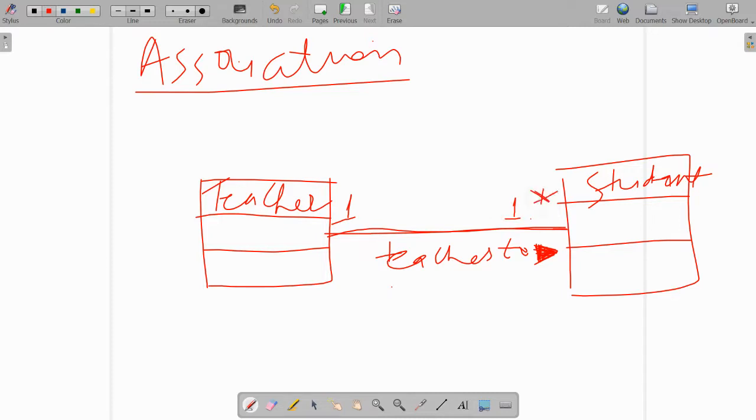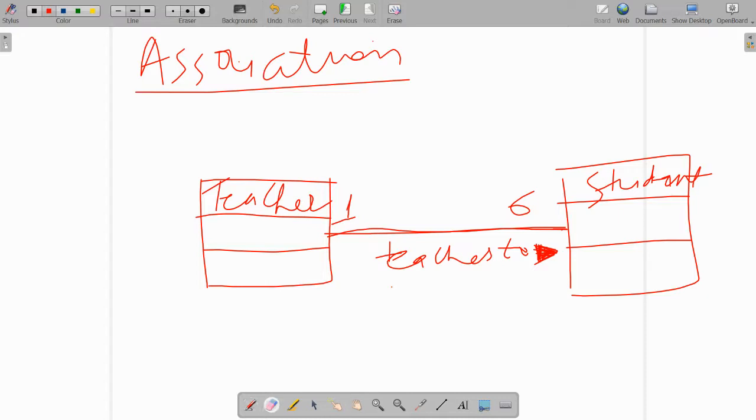One dot asterisk means more than one student. Here, while writing, you wrote one student class, but here one dot asterisk implies it is more than one. Sometimes, if you do not like this, you can mention the number of instances also, that is also fine. For example, if I write 1 here and 6 here, it means one teacher teaches 6 students, as simple as it is.